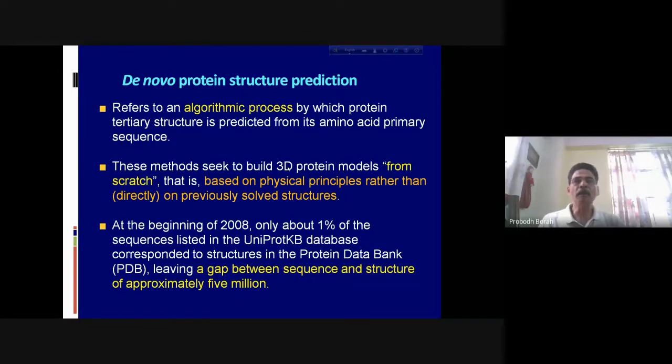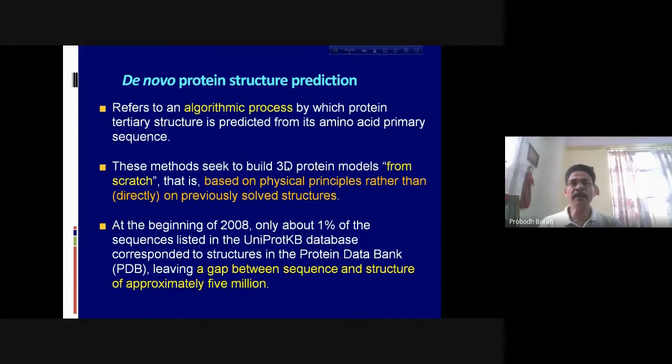So that process of protein structure prediction based on the physicochemical properties of proteins, based on physical principles rather than based on previously known structures, is called as de novo protein structure prediction or ab initio method. This is much more complex and it depends upon certain physical phenomena.